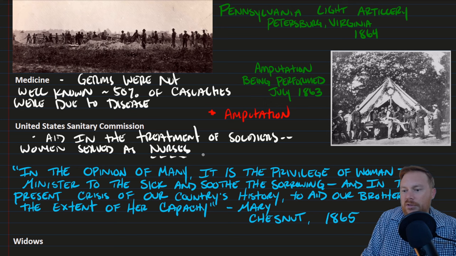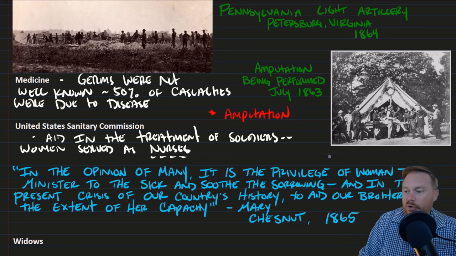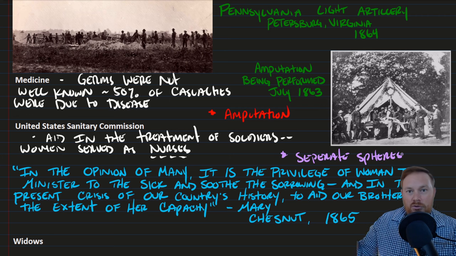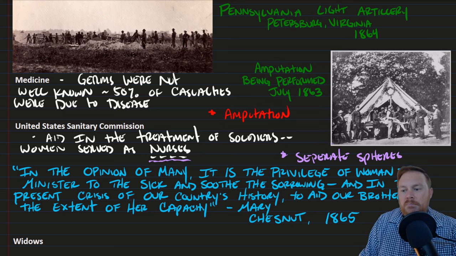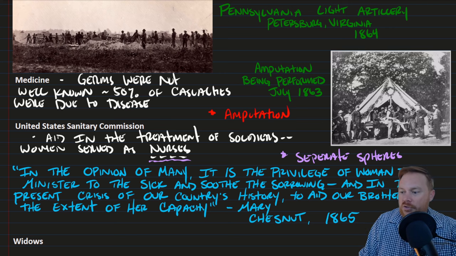Traditionally, the medical field would have belonged to this earlier notion that we talked about of the separate spheres. The separate spheres was the cultural idea that men and women should inhabit different areas in society, that there were male jobs and female jobs. Well, medicine was considered a male job. But during the war, because women contributed in this fashion, medicine as a field became a lot more open for opportunities as far as women were concerned.